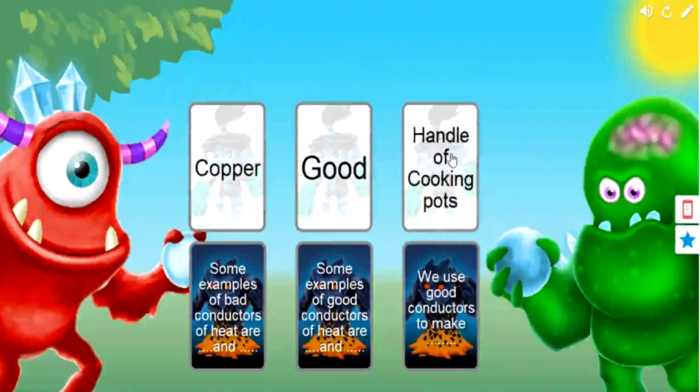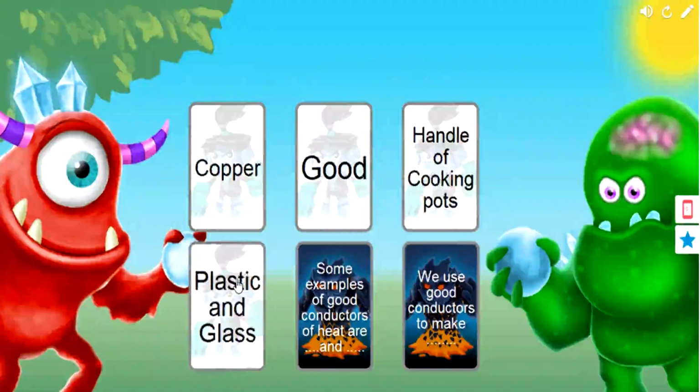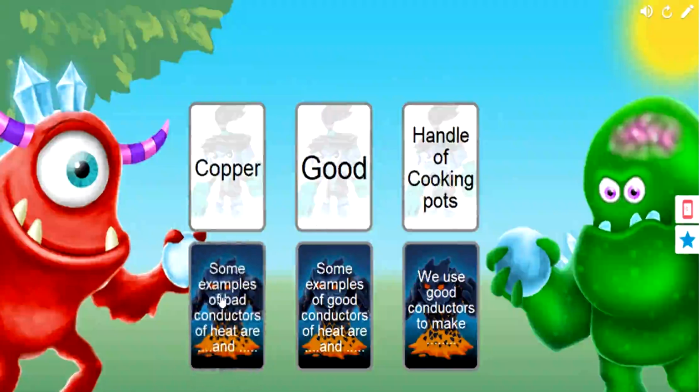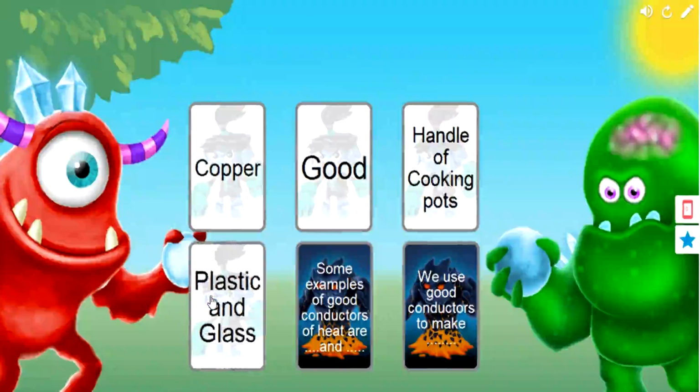To make handles of cooking pots. Question number 4, some examples of bad conductors of heat are plastic and glass.